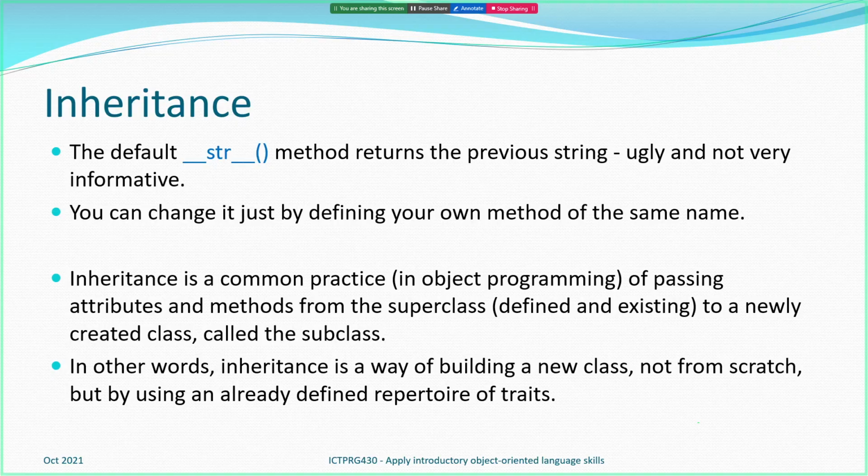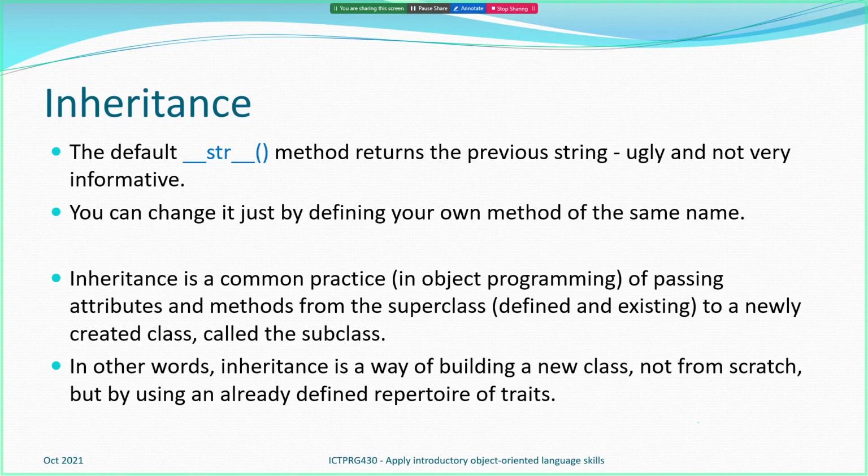So by adding different classes, if you like, together to create a new one, we can build the resulting class that inherits properties from its building blocks. So we don't have to rebuild everything from scratch.